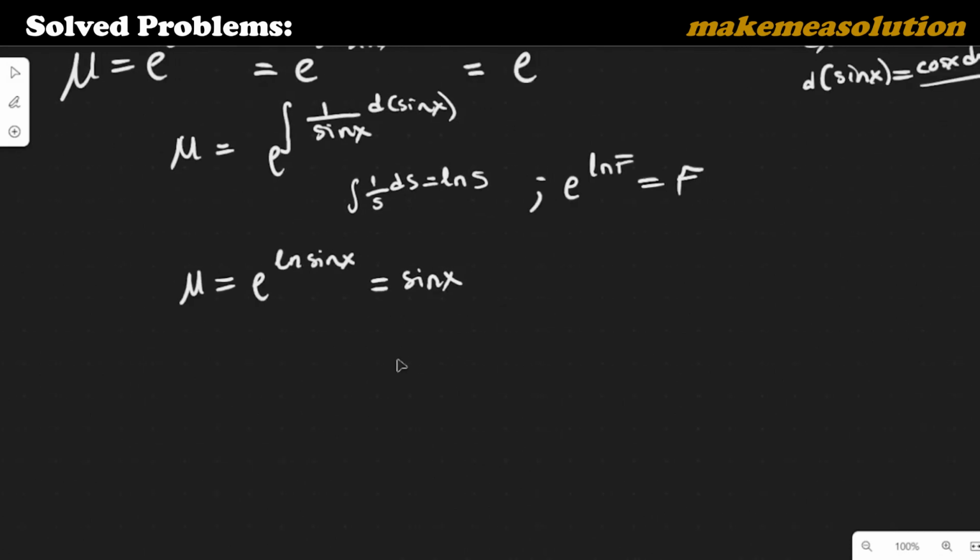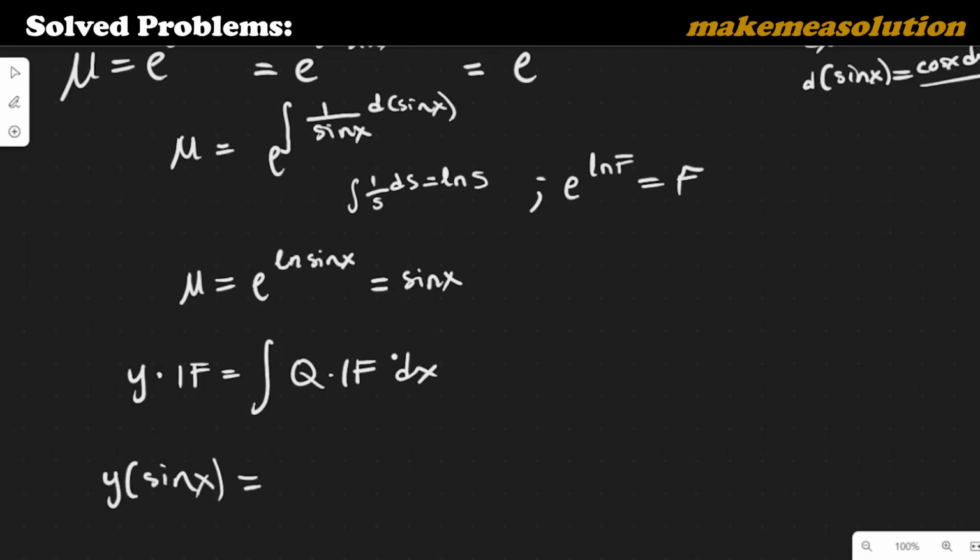So after getting our integration factor, the formula is y times integration factor is equal to integral of q times integration factor dx. So y times sin x is equal to integral of q. Our q was 1 over sin x, times integration factor sin x. Is that okay?